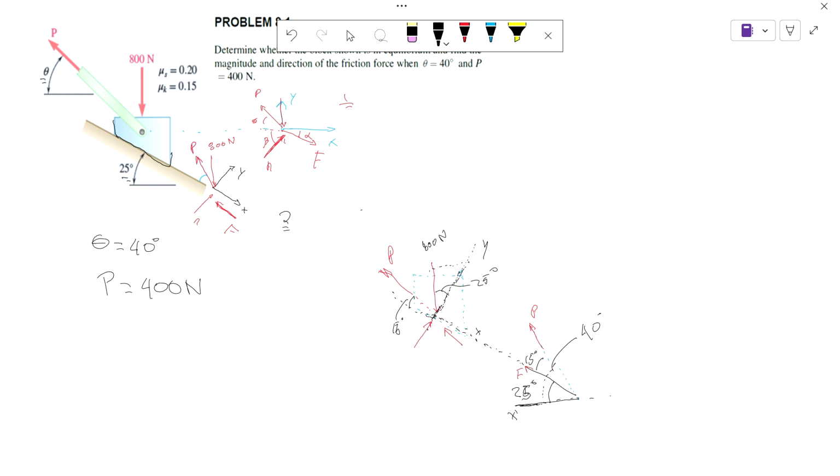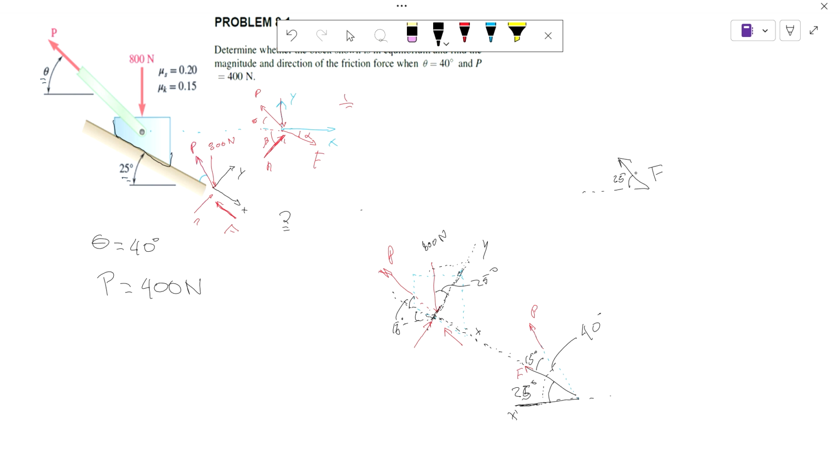So this is 25 degrees. Why? Because this plane with respect to this horizontal is 25. So if we rotate 90 degrees, this will be horizontal y, and this will be the axis right here. Right, you see it? Let's see if we can see it here. This is the surface, it's 25. But that surface is where we have the force of friction.